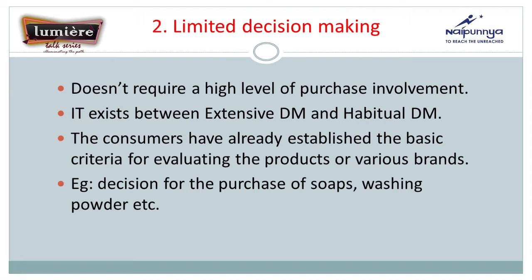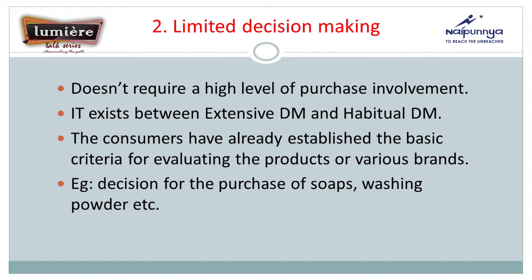Limited consumer decision making doesn't require a high level of purchase involvement. It exists between extensive decision making and habitual decision making. The consumers have already established the basic criteria for evaluating the products or various brands.